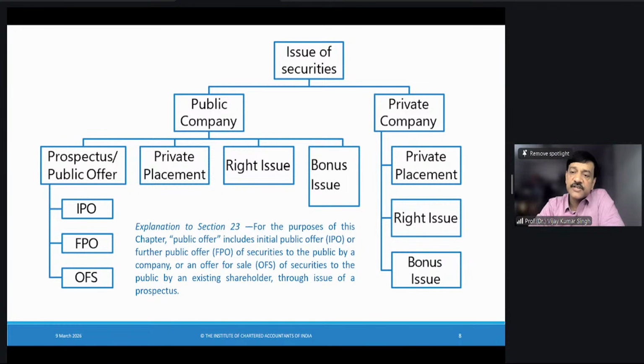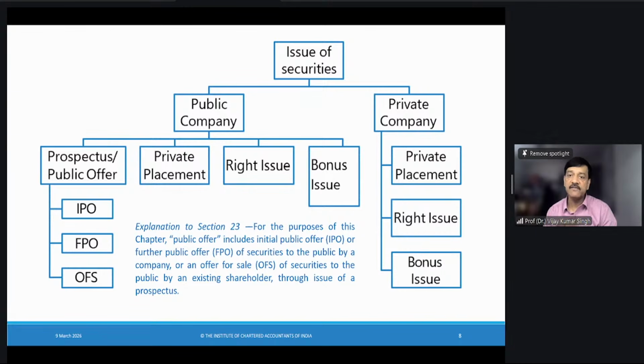And the explanation to section 23, which talks about issuance of securities, explains that for the purposes of this chapter, public offer includes an initial public offer, that is IPO, or a further public offer, that is called FPO, as you can see in this slide, of the securities to the public by way of a company, or an offer for sale, OFS, of securities to the public by an existing shareholder through issue of a prospectus. So these are the 3 ways by which you can go ahead with a public offer.